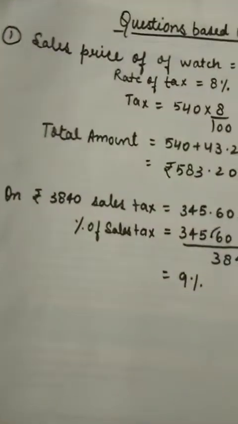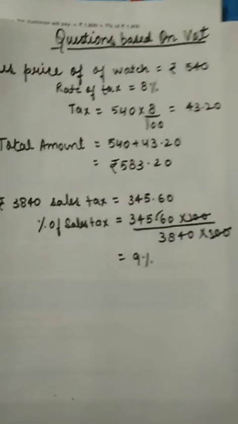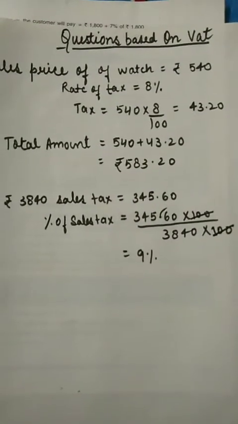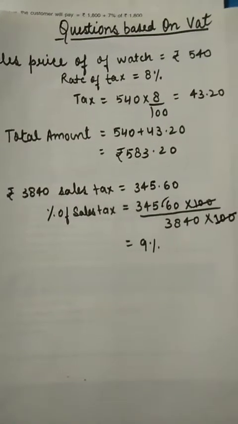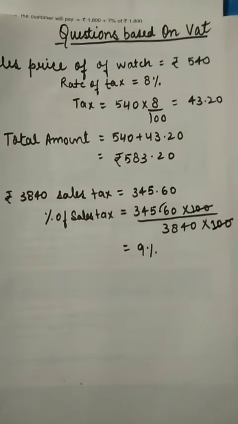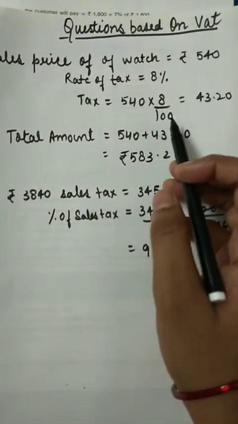You can see here, sales price is given as rupees 540, rate of tax is given as 8%, and you have to calculate the tax in rupees. So just calculate this by solving. You have to multiply 540 into 8 and then put the decimal.